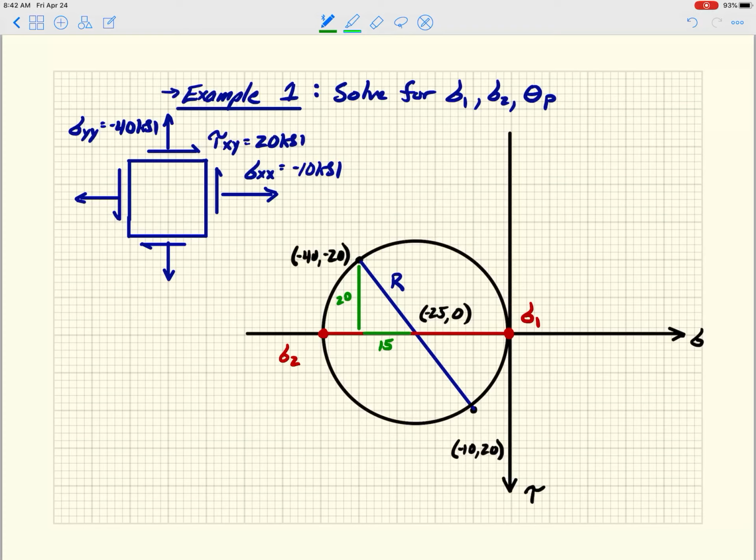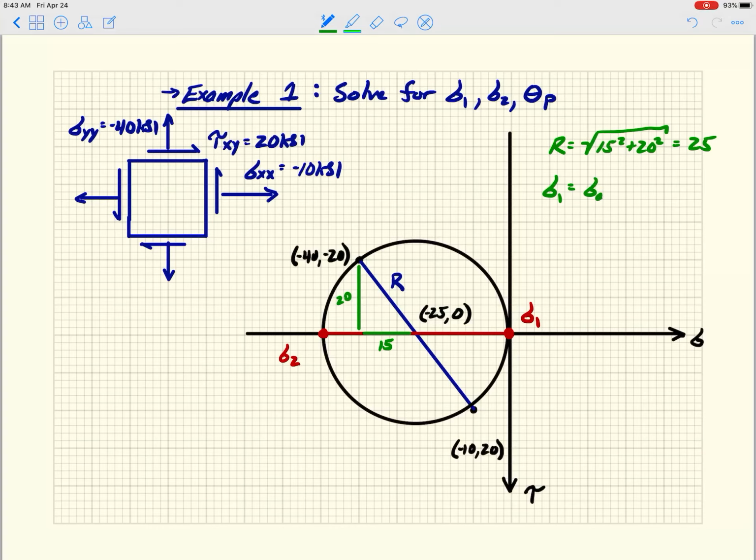Again, doesn't matter, positive or negative, because we're squaring it. All right, so let's then go ahead and calculate. R is just going to equal the square root of 15 squared plus 20 squared, and that actually equals 25. Nice round number.